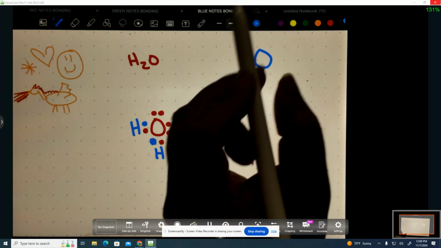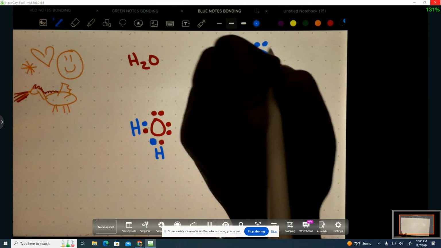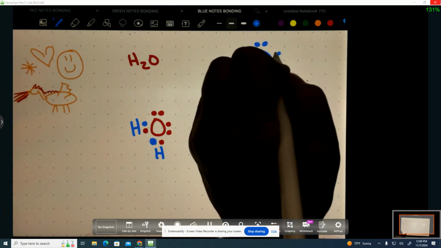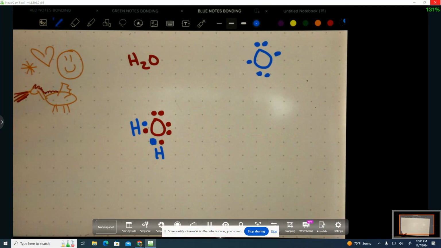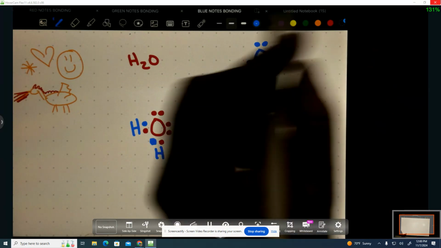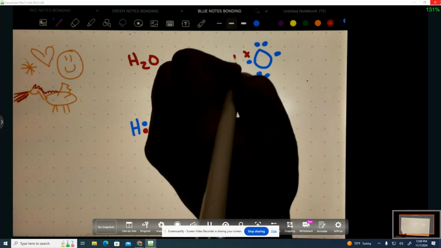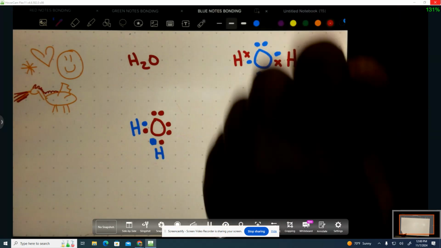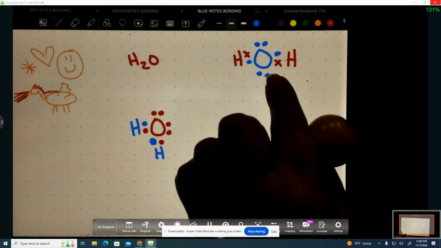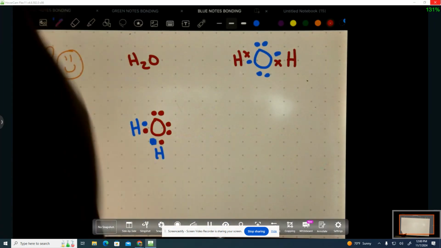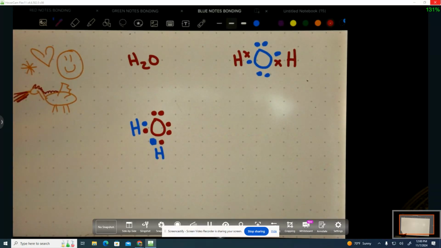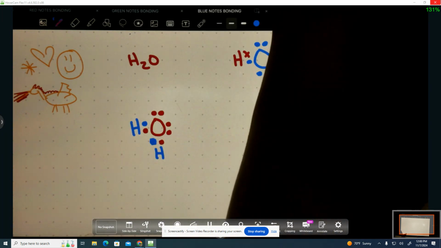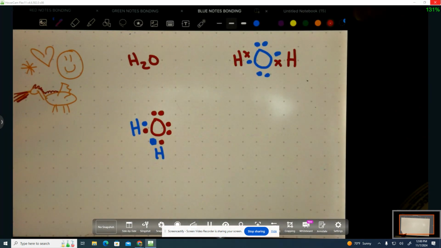If you chose not to believe me, and you do something like this, where it's all wacky and out of order, now when your hydrogens come in, they're going to sit here and here. Do you see the difference? Okay, now, this is not wrong, but you're 14, 15, 16 years old, and you don't know enough to understand the difference between this and this. So let me show you the difference between that and that.